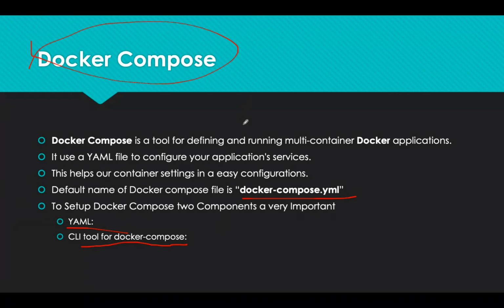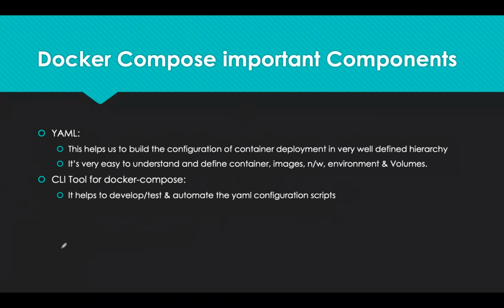Okay. So moving further, we need to get deeper into these two components, because they are very important in Docker Compose execution. As I said, YAML helps us build the configuration of the container deployment in a well defined hierarchy, and it's very easy to understand. Any human who wants to understand the scripts written in YAML can easily do so, because it's similar to human understandable language.